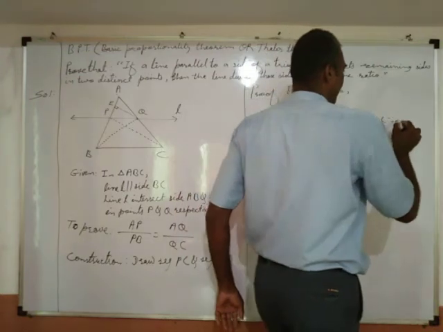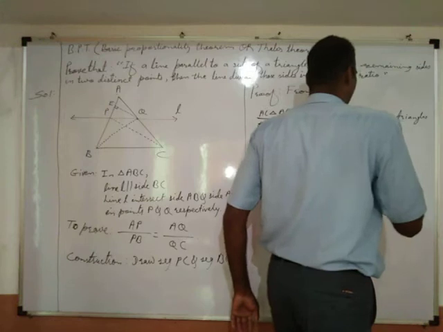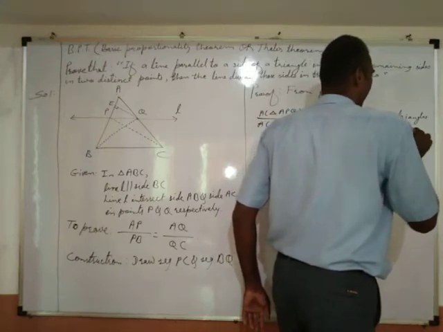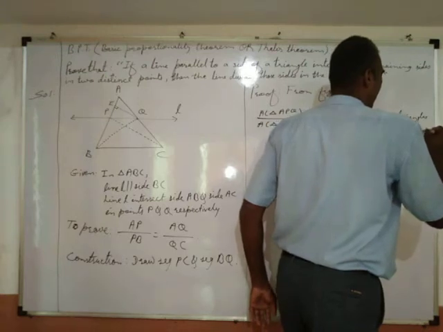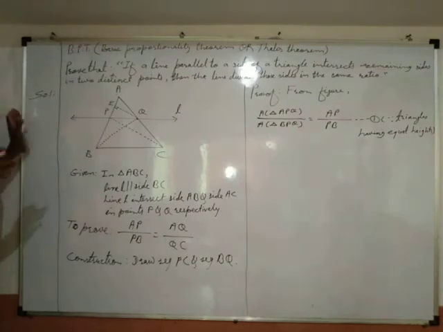Equation first. Since triangles having equal heights. Okay, we need not write the name of their height.